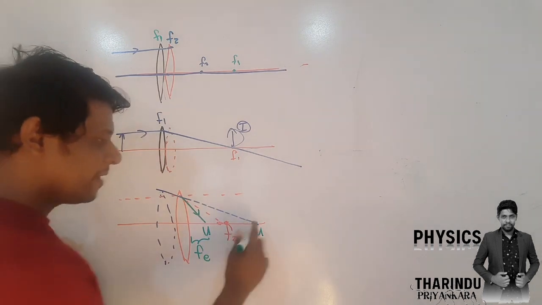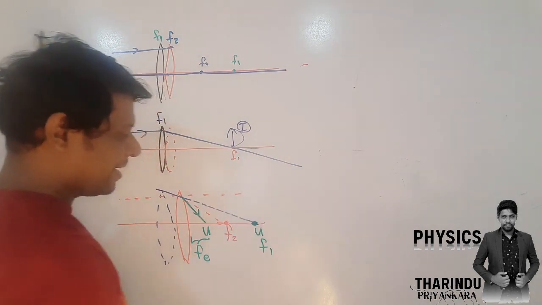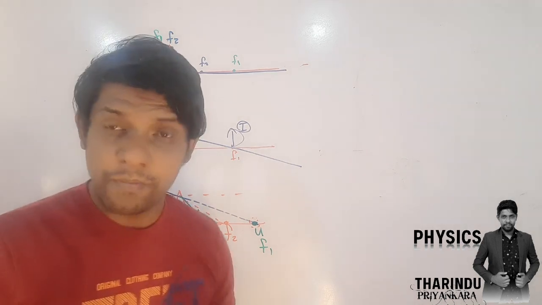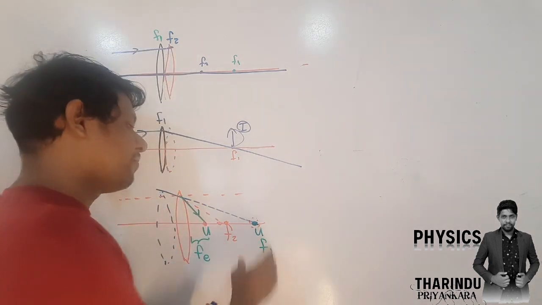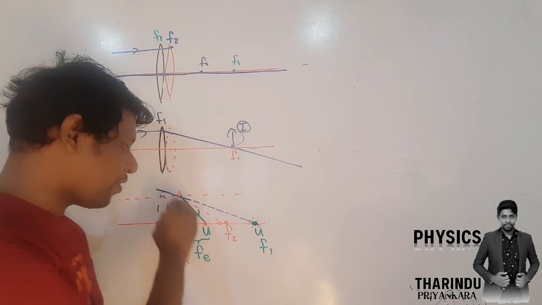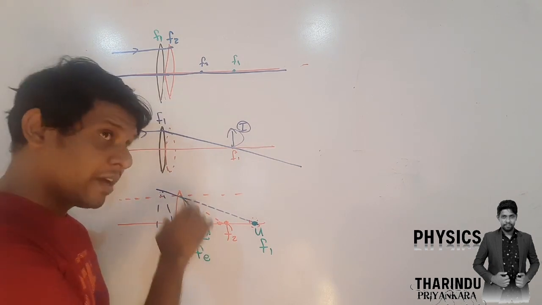Effective focal length. This is actually the F1 focal length. The image formed by the first lens is the location for the object distance, and the image formed by the second lens is the image distance.